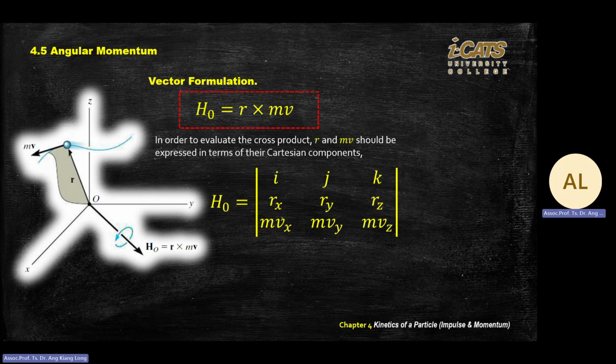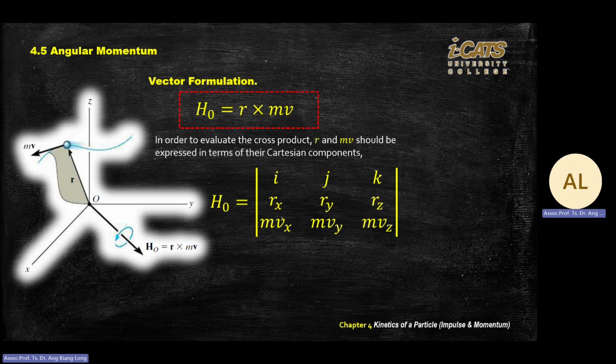So this is a form if you need to solve with a matrix, right? If you're having angular momentum, usually we use a matrix solution to solve it. And how to do it, you can find in Appendix B and C, the vector appendix in the textbook.